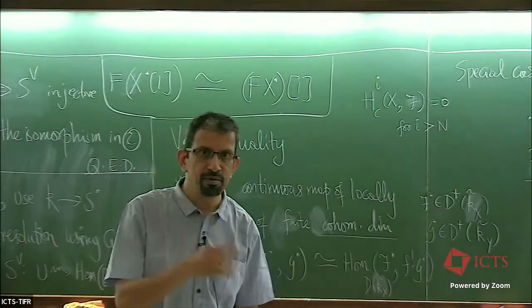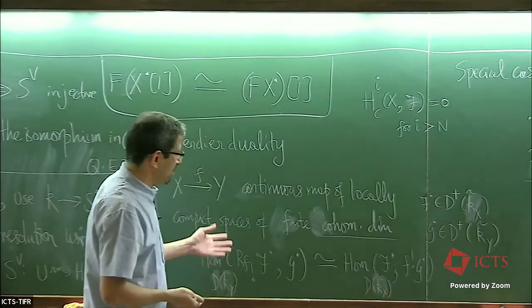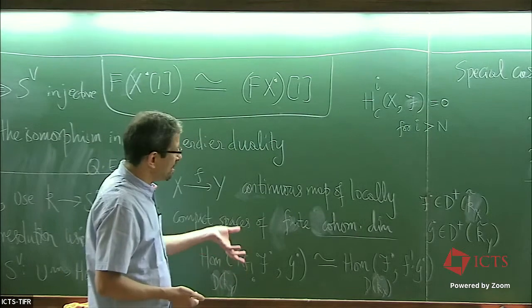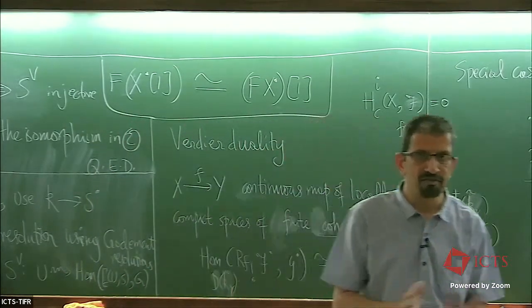There's a representability theorem for a cohomological functor, and using that result, you can apply it to a certain situation and prove whether the triangulated functor has a right adjoint.